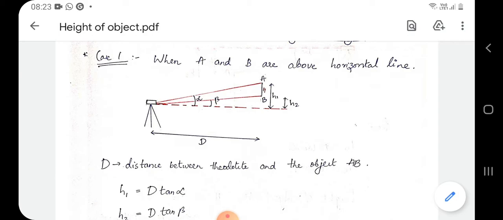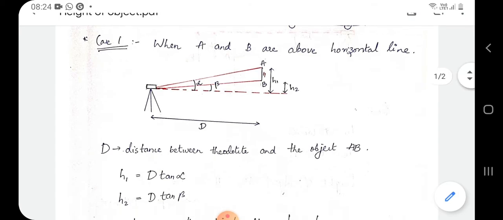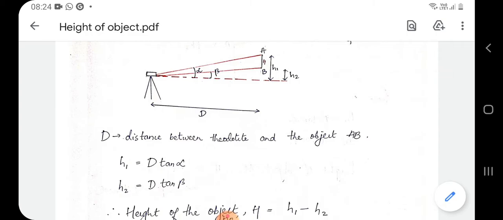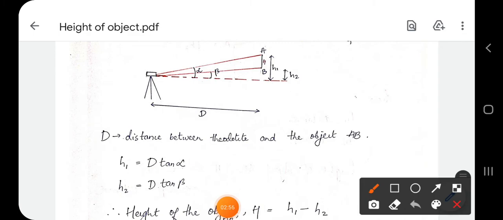To find the height h, first you have to find the height of the point A from the horizontal, or from the line of sight. Horizontal is the angle 0, the vertical angle is 0 in horizontal, and from that 0 we have to find the angle alpha. We already know the horizontal distance from the object to the instrument is d.